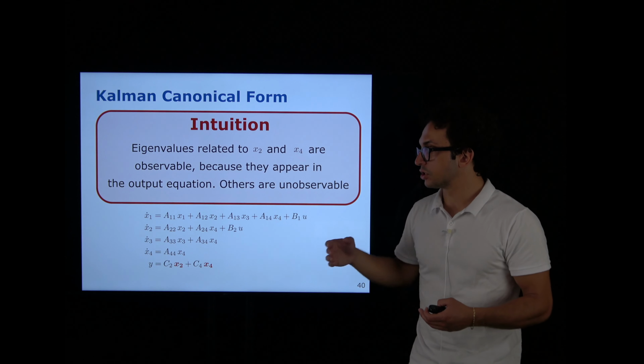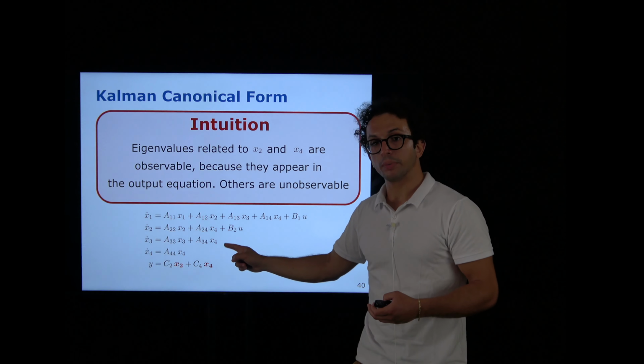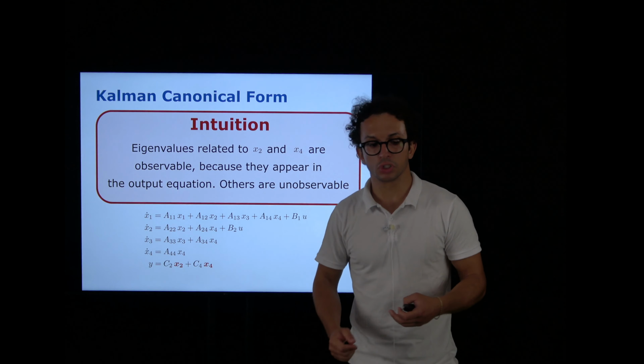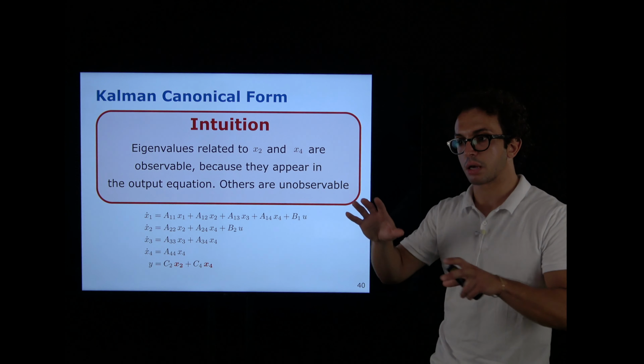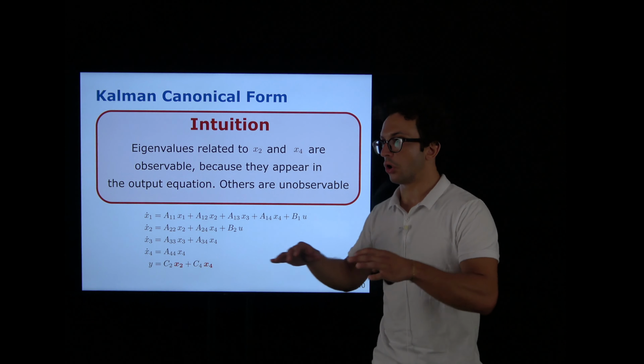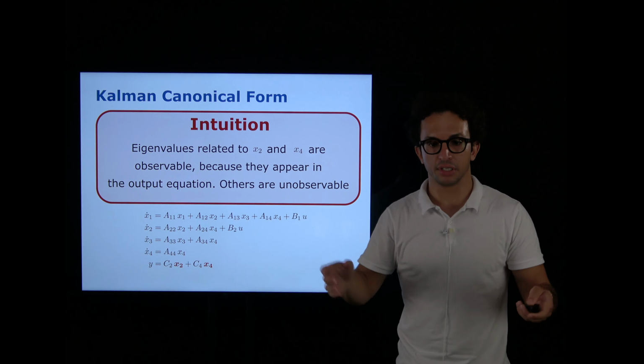While x3, the only one left, has no input and is not in the output, so it's uncontrollable and unobservable. So you have a clear separation between all blocks, all properties, so to say.